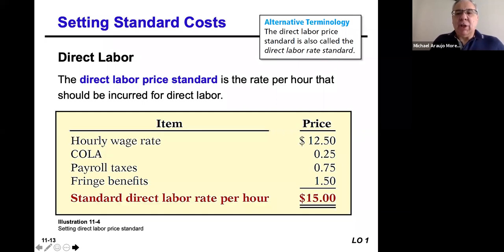Okay. So the direct labor, we also call it the direct labor rate standard. It's also called the direct labor price standard, but rate and price, same thing. So that's the rate per hour that should be incurred for direct labor, in this case per hour.